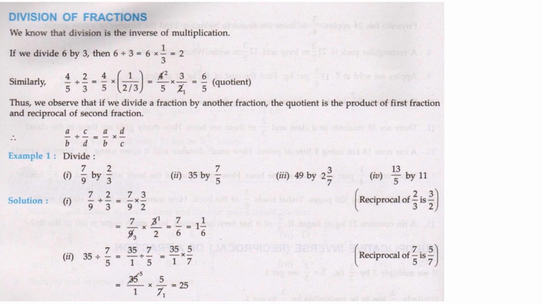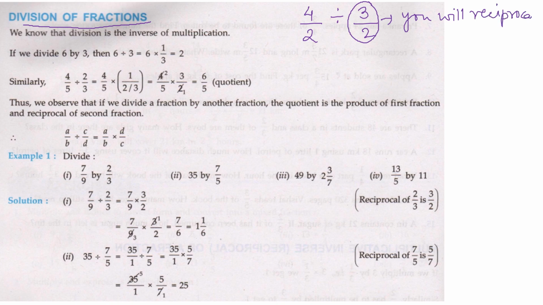So just now we studied about the reciprocal. Now coming to division of fractions, because in division only reciprocal is important. Now see the example here. Two fractions are given, 4 by 2 divided by 3 by 2. You have to divide a fraction. Then what you are going to do? Actually the second term you will reciprocate, means we will write it upside down.